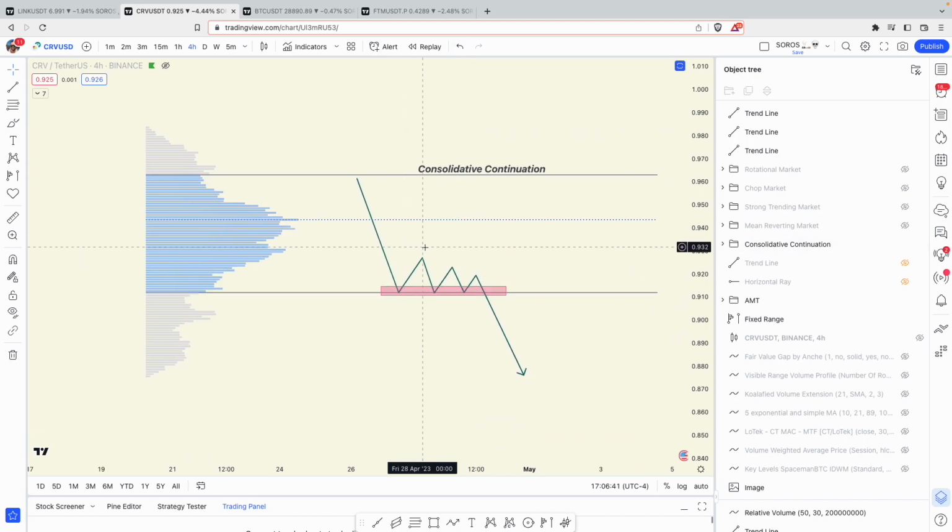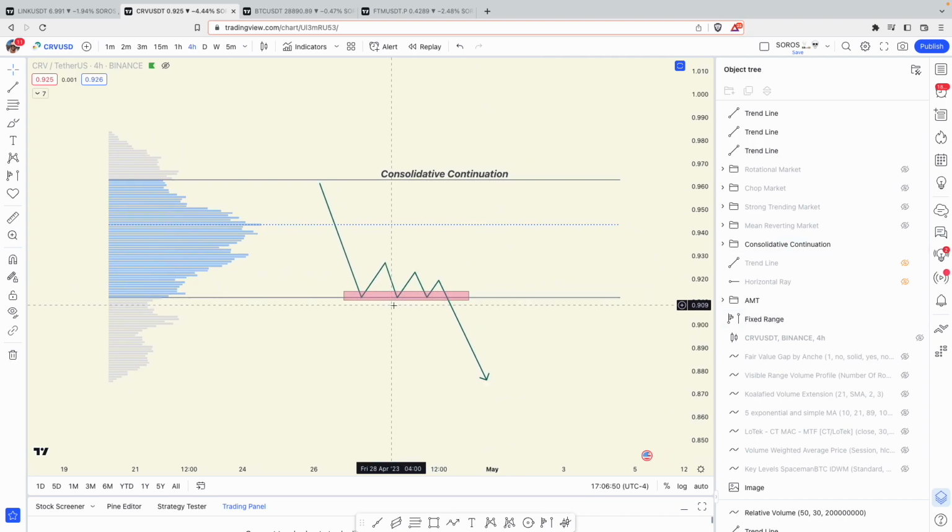So you get basically this bouncing ball effect where they create a fake floor over here, or basically, you know, they give the impression that this is going to be support, or it is maybe a demand zone, who knows.